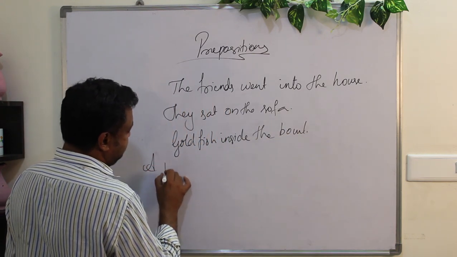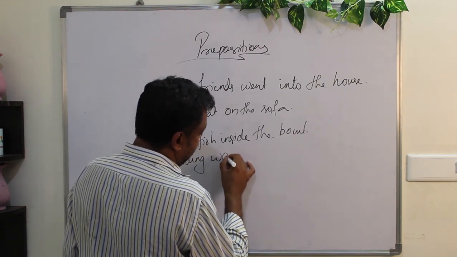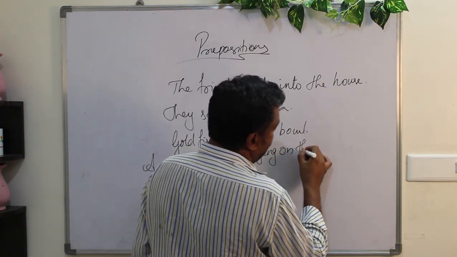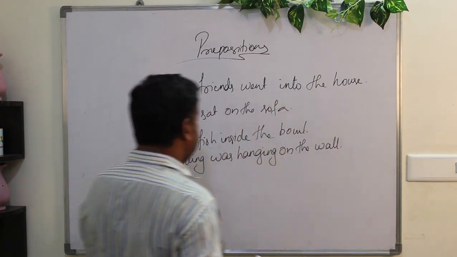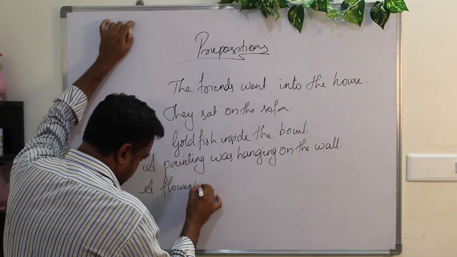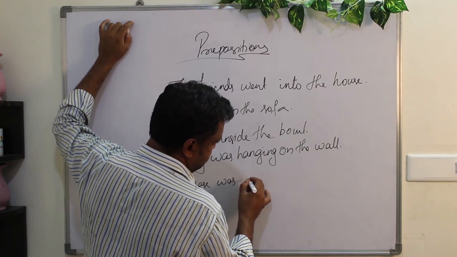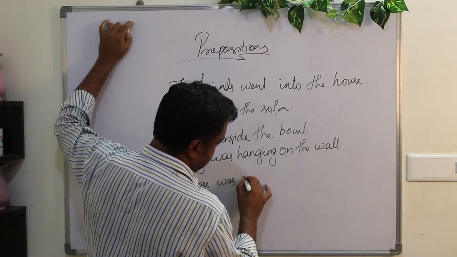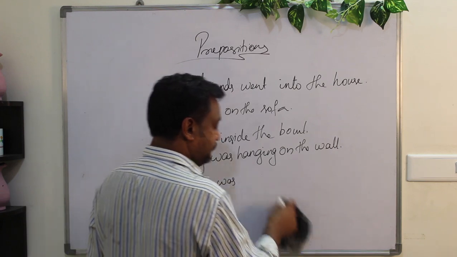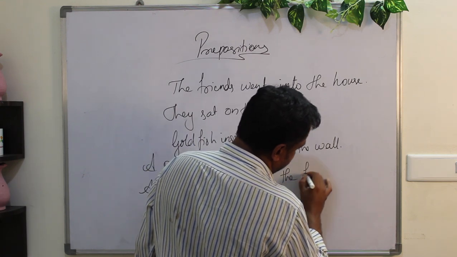A painting was hanging on the wall. A flower vase was beside the fish bowl.